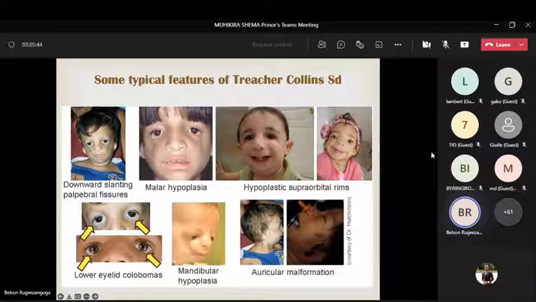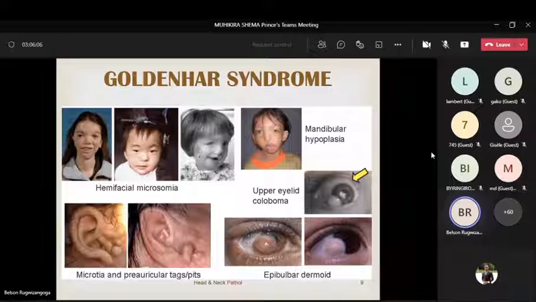So in the previous syndromes, in Crouzon syndrome, there was maxillary hypoplasia. Now here there is mandibular hypoplasia, so it is the opposite. And then auricular malformation, as you had seen in Down syndrome or trisomy 21. So they share somehow.